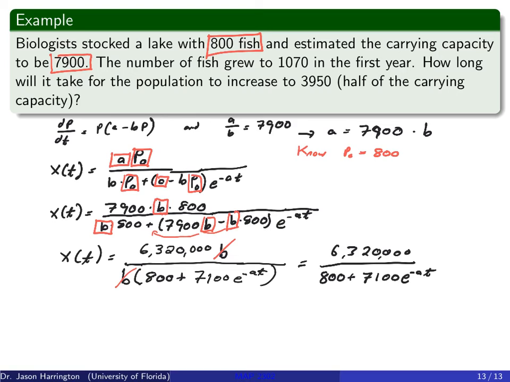Now I can factor 100 out of the bottom and just get rid of those zeros, so I can simply write this as that. So now I have x of t is going to be equal to 63,200, still not great, but better than what we had before, divided by 8 plus 71 e to the negative at.